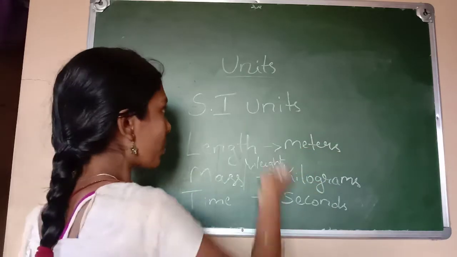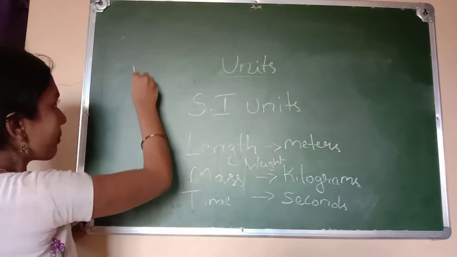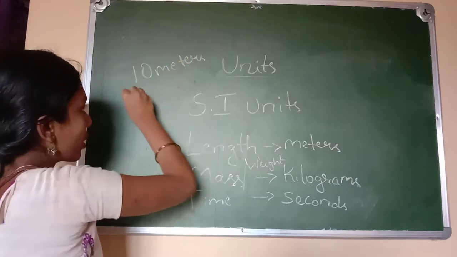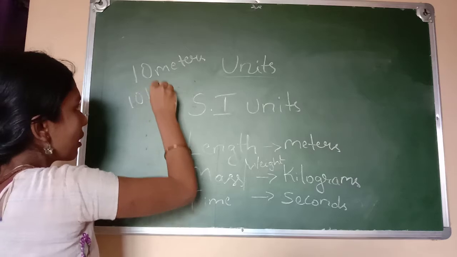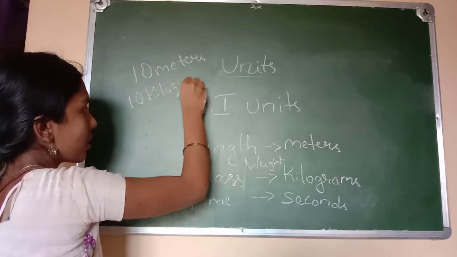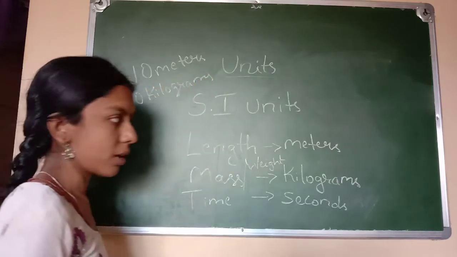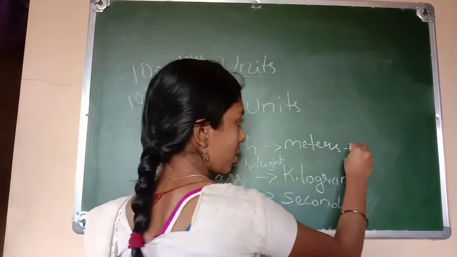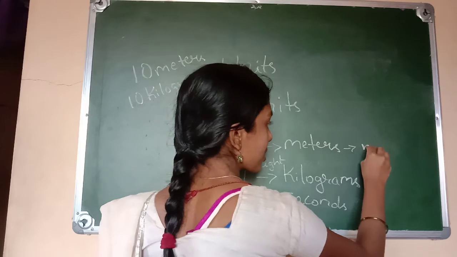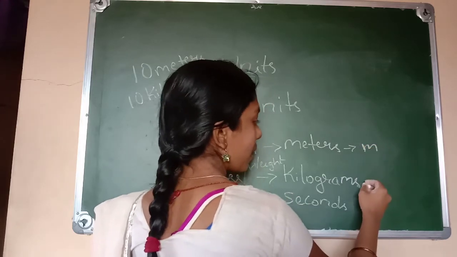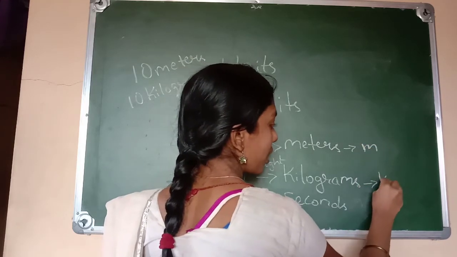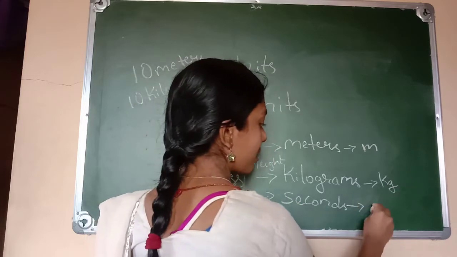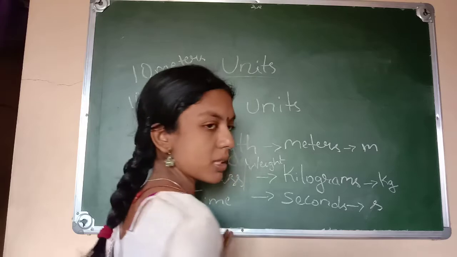Each time you want to write 10 meters or 10 kilograms, it takes a lot of effort. So each of these units has a symbol. Meters is expressed in small m, kilograms in small k and small g, kg, and seconds in terms of a small letter s.